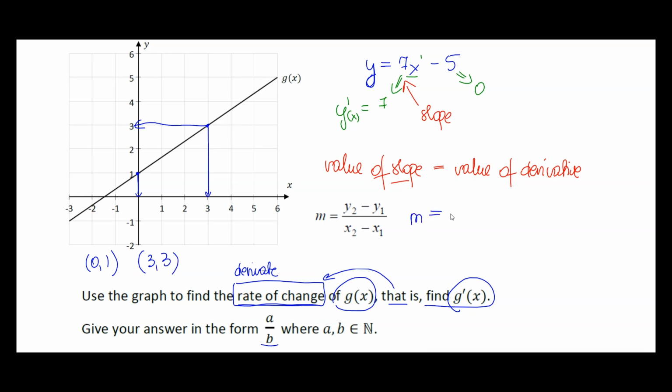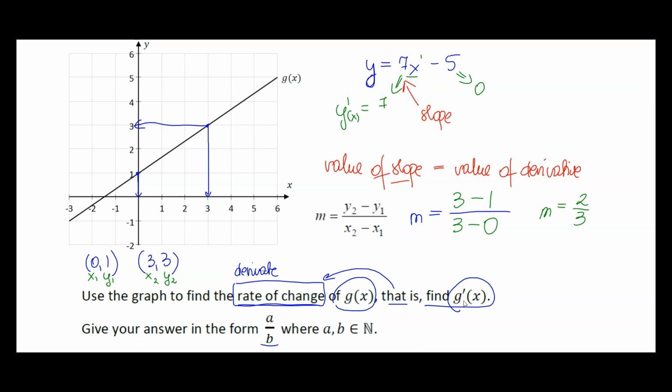So that means the slope of this function will be, let's put x1, y1, x2, y2. So y2 is 3, minus y1, and my y1 is 0. And at the bottom, x2 is 3 minus x1, and x1 is 1. So we put that in the calculator and we get the value of 2 over 3. And yes, we have the slope.